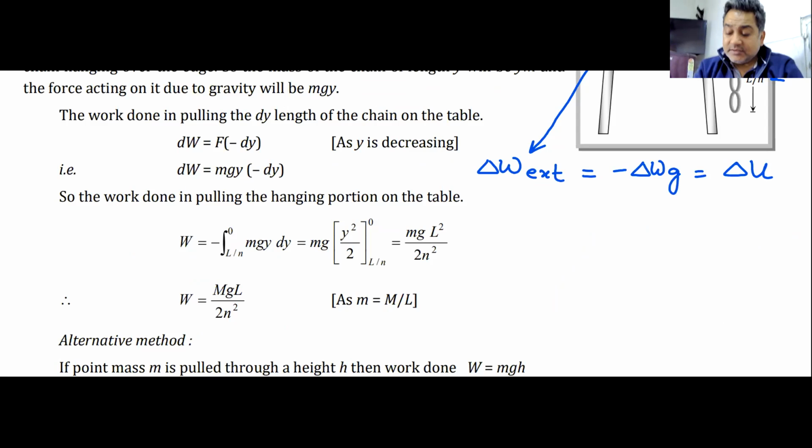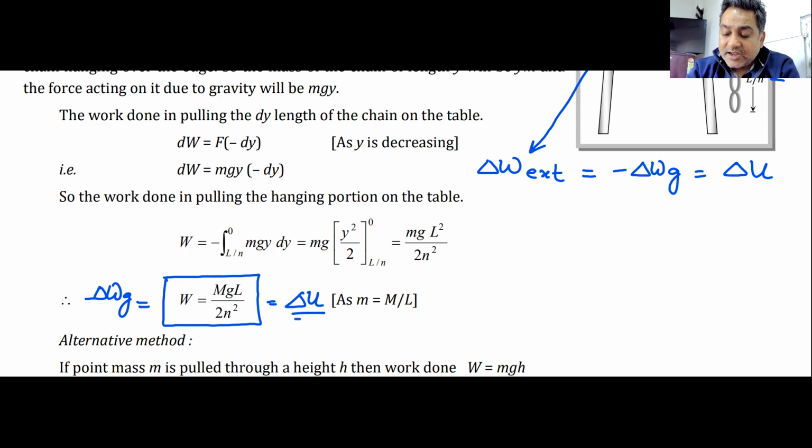This is the work done by the external force in lifting this chain up onto the table. Remember, this is done without any change in its kinetic energy, so this will be equal to the negative of the work done by gravity, and this will be equal to the change in gravitational potential energy.